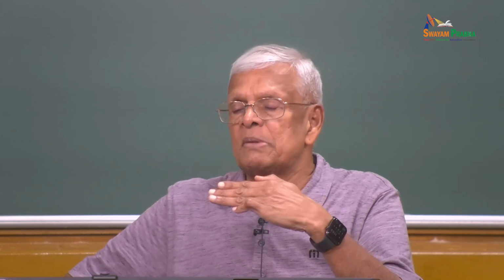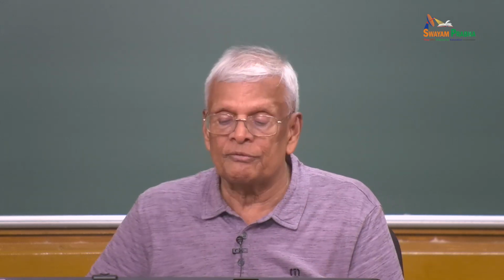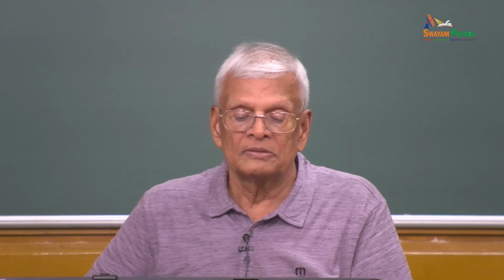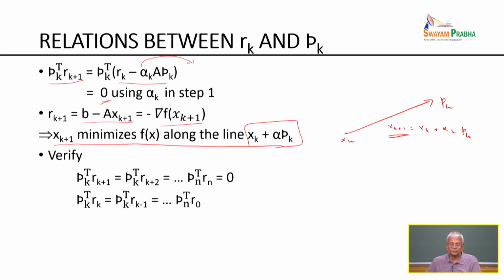Now, I am minimizing along p k. That is the primary difference. So, the basic idea of the gradient algorithm is kept here: given a point and a search direction, I find the next base point to be the point at which the function attains the minimum value along that direction.